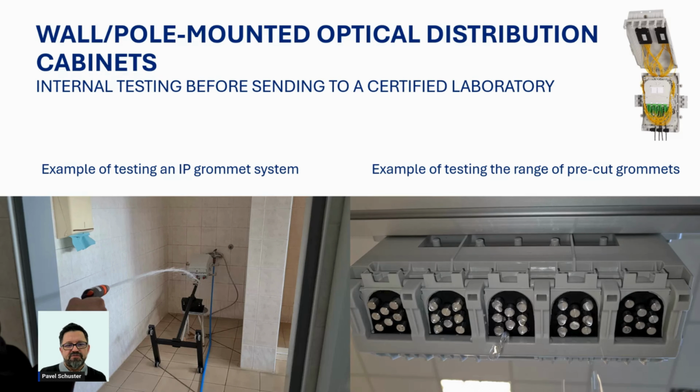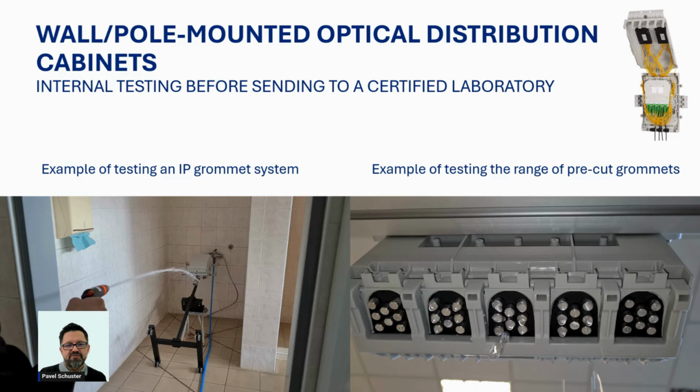And in the second video, here we have a complete grommet system where we are testing a case where you need to slice the grommet. It means if you want to use mid-span inside the box, or you have pre-terminated cables and you need to pass the connector through, sometimes you need to slice the grommet. So this video is showing a water test, what happens if you slice the grommet.